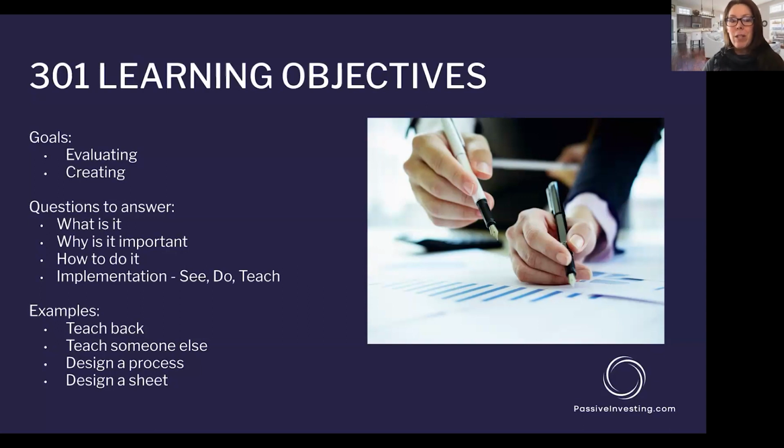So this is still a very valuable skill for them to understand. But the questions here, we're going to, again, tap into what it is, why it's important, how to do it. But now we need them to implement. So we need them to be able to see it, do it, and then be comfortable enough to teach it back. Maybe teach it to a spouse, teach it back to you. Or if you have a nice workshop that you're doing, maybe they can teach it to each other.